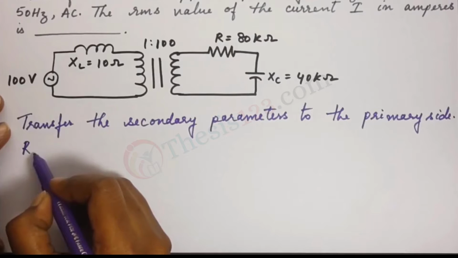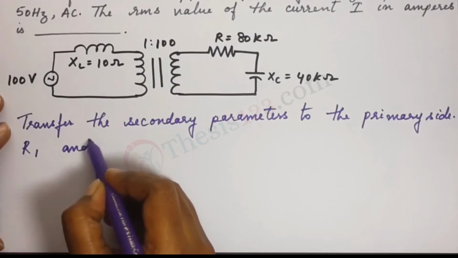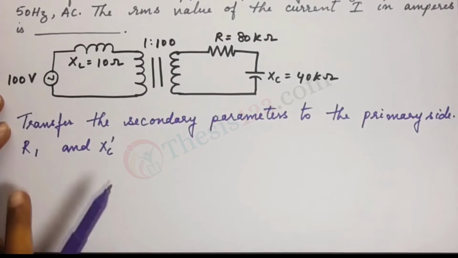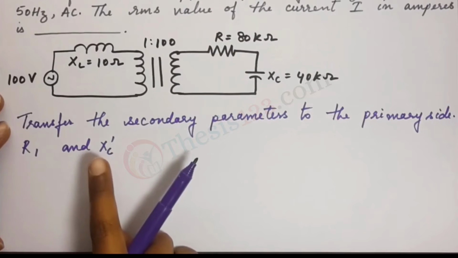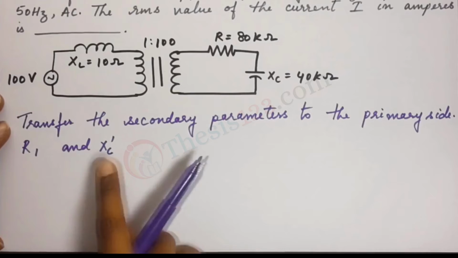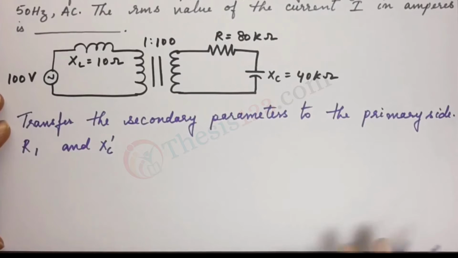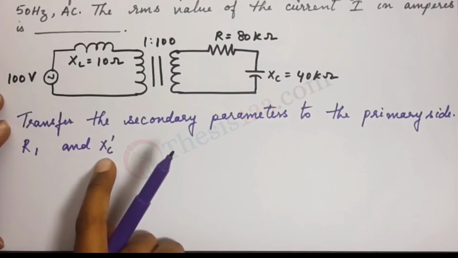We need the value of R1 and XC1, or XC dash. So these are the two values that we need in order to draw the equivalent circuit, transferring the secondary parameters to the primary side. So these are the two values that we require.